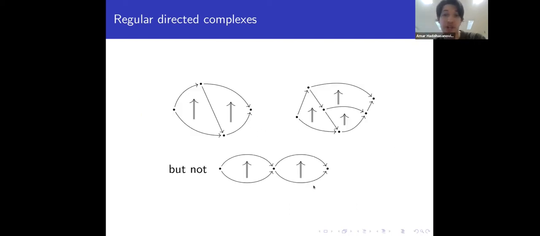I'll give you an example in diagrams. These are all pasting diagrams in two-categories. Here, the first two have spherical boundary, but this one does not. The intuition is that the boundary of these two is a circle, whereas the boundary of this one is a wedge of two circles.